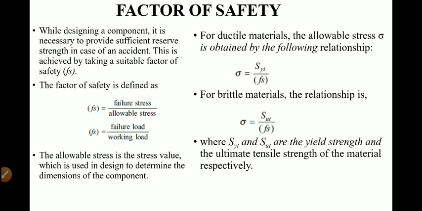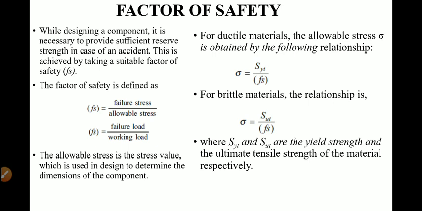So the increase in load from 10 to 12 kilonewton will get absorbed if we design that component based on the factor of safety. Factor of safety will take care of the increase in the value of load, without breakage or substantial change in the dimensions of the component.